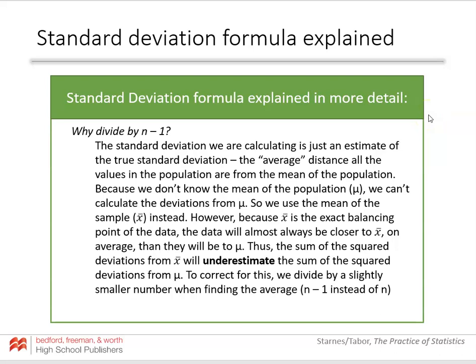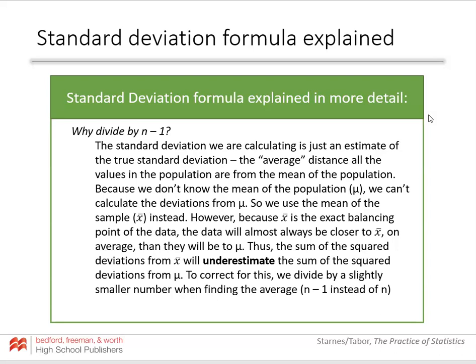Now, this is a little bit more complex, so stick with me here. Why do we divide by n minus 1 for sample standard deviation? Well, the standard deviation we are calculating is just going to be an estimate of that true standard deviation. That's why we use S as opposed to sigma. And remember, standard deviation is the average distance of all of the values in the population from the mean of the population. Now, because we don't know the true mean, mu, we can't calculate the deviations from mu. So we use the mean of the sample, which we call x bar.